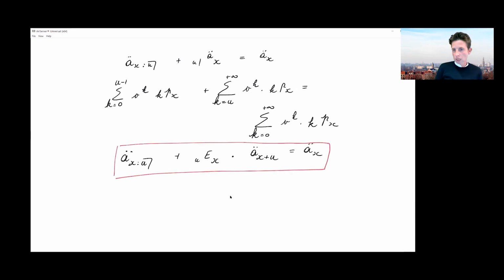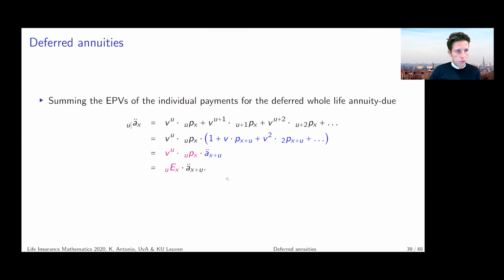Yeah? So that is sometimes referred to as the splitting identity for life annuity products, but you see it coming up over here. So that's what I meant with this part on the deferred annuities.